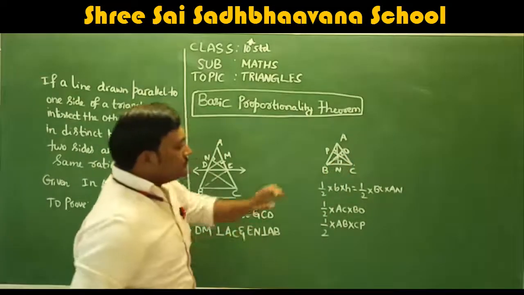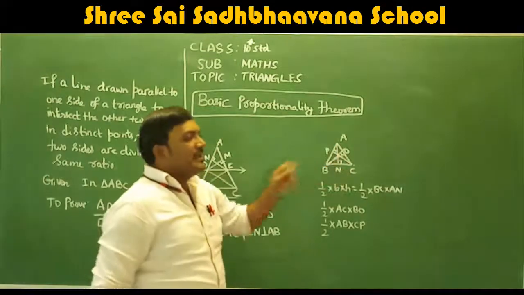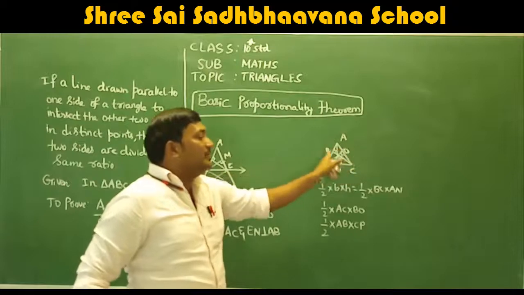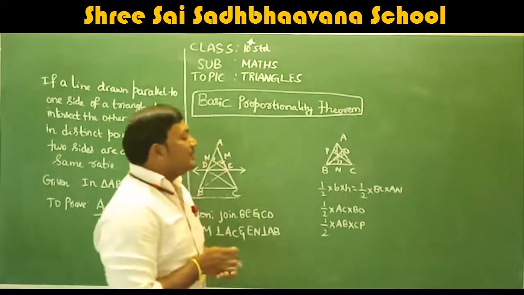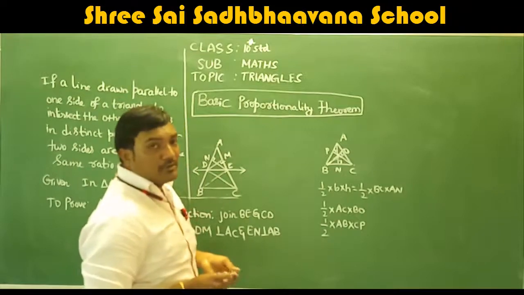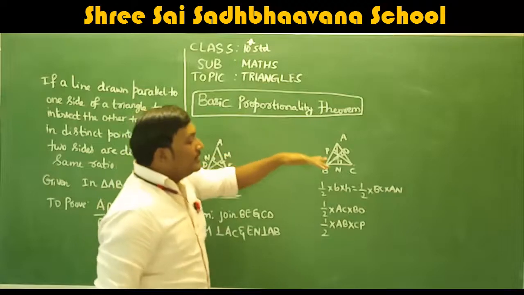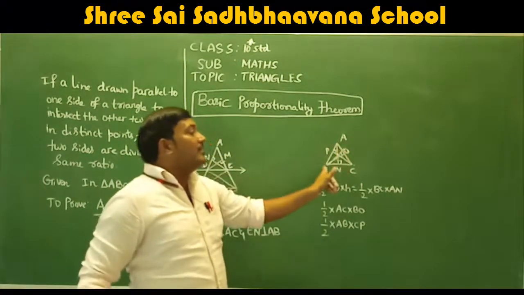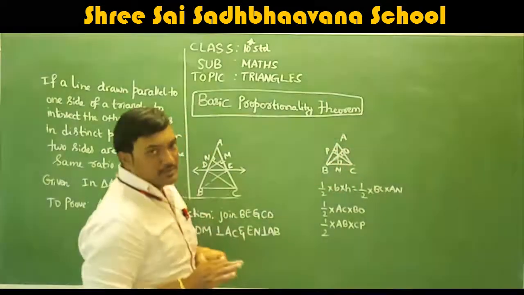Here, if you consider BC as the base, you will have AN as the perpendicular. If I consider AB as the base, CP will be the perpendicular. If I consider AC as the base, BO will be the perpendicular. Remember, whenever you are finding the area of a triangle, you write the base, and the perpendicular on that base will be taken as the height or altitude.